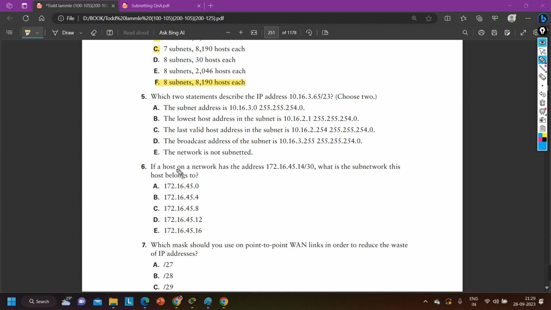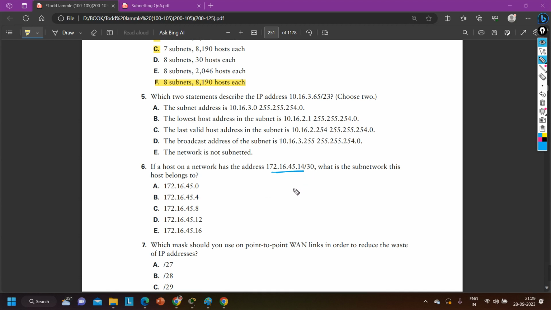Okay. After that, if the host on a network has the address 172.16.45.14/30, what is the subnetwork of this? What is the network ID of this IP address? It is very simple. Anyone can calculate it. Network ID, just find the block size.